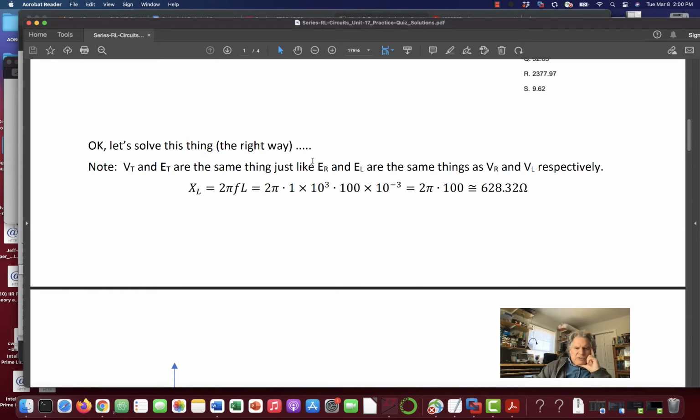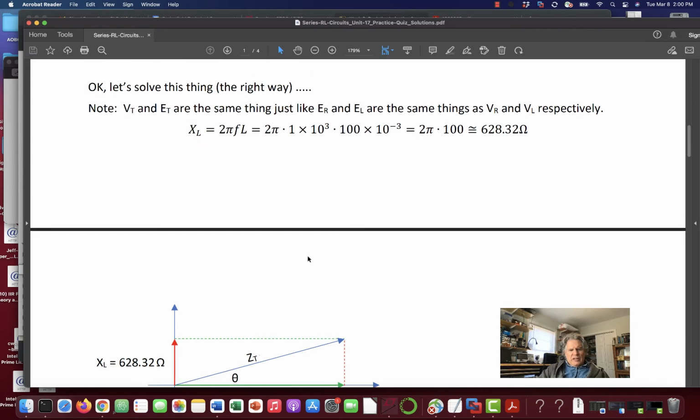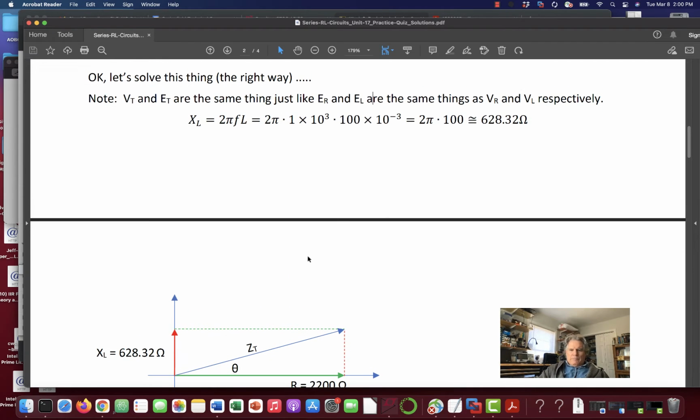Our book seems to like to use E. So just note that V total and E total are the same thing, just like ER and EL are the same things as VR and VL respectively. So when you see me using V's, that's voltage, and E would be the same thing. So again, we're at 1 kilohertz, okay?